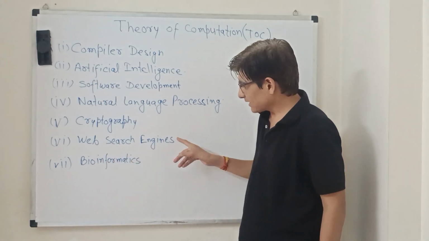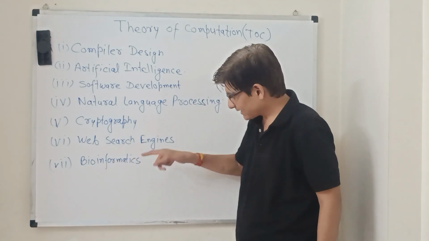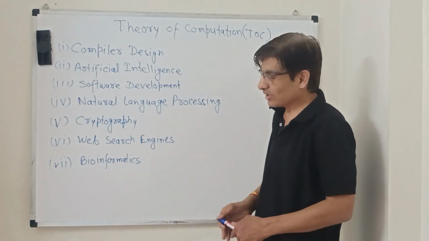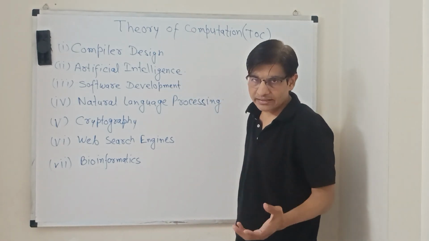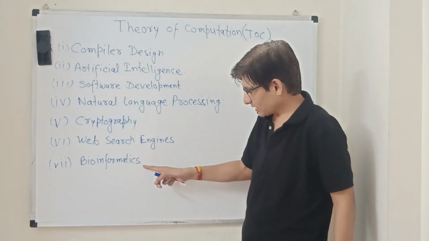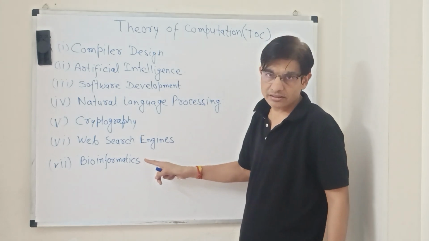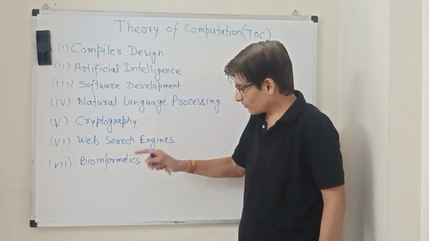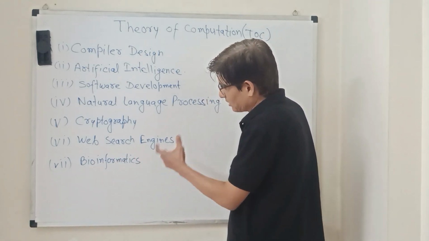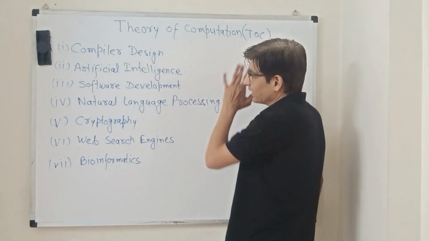And one more: in the bioinformatics application area, we use automata and sequence analysis for DNA, and along with this, we also use pattern matching. So all these application areas are there for theory of computation.